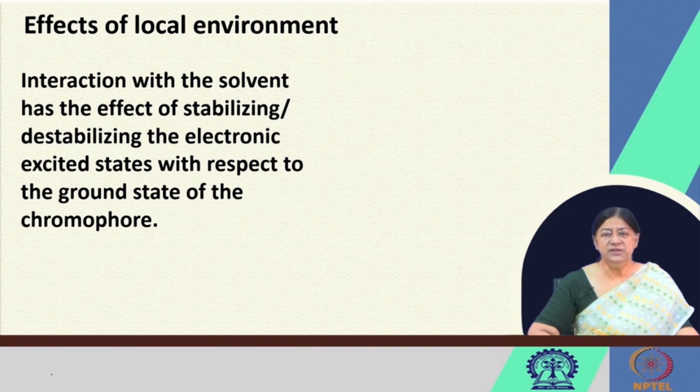Now, an interesting feature here that we could look at is the effects of the local environment. What happens when there is an interaction? Say the peptide is interacting with the solvent. Can we look at the wavelength difference and have any idea of whether there is a stabilization or a destabilization?